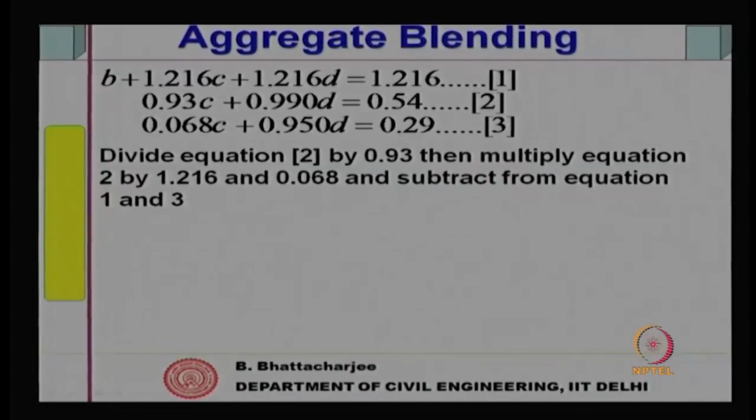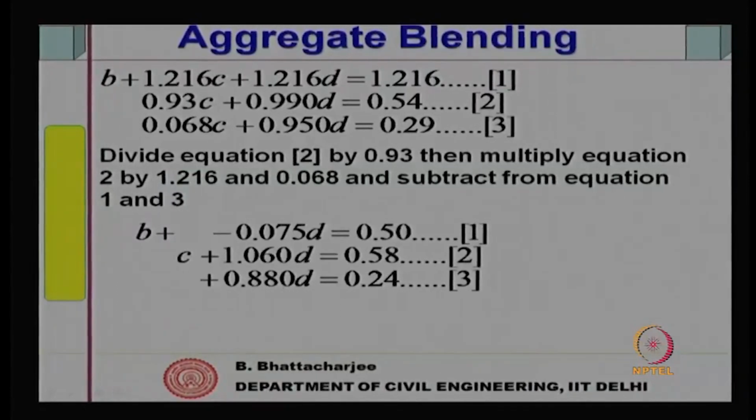Then you take pivot this element, divide equation 2 by 0.93 and multiply equation 2 by 1.216 and subtract, and 0.068 and subtract from equation 1 and 3, and this will lead to B C equals to this.